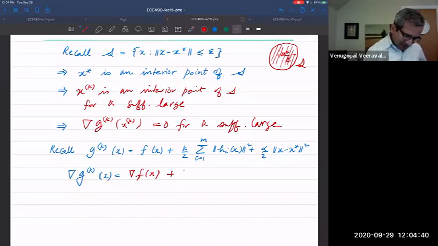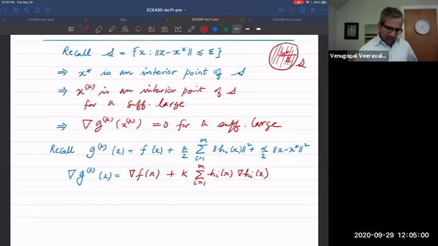By the way, if this is not clear to you, go back and show from first principles that this is the answer. When I take the gradient of the norm of hi squared, I'll just get hi of x times the gradient of hi of x times 2. So I got rid of the 2 on k. And the gradient of this other term is easier to compute.